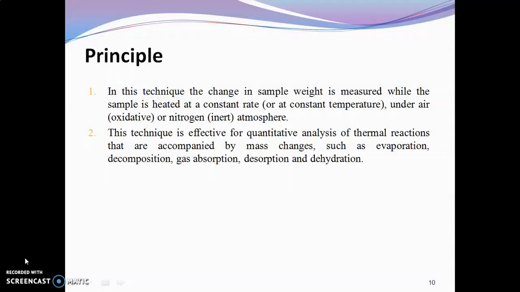Then what is the principle of thermogravimetry? In this technique, the change in sample weight is measured while the sample is heated at a constant rate under constant air pressure or nitrogen atmosphere. This technique is effective for quantitative analysis of thermal reactions that are accompanied by mass change, such as evaporation, decomposition, gas absorption or dehydration.